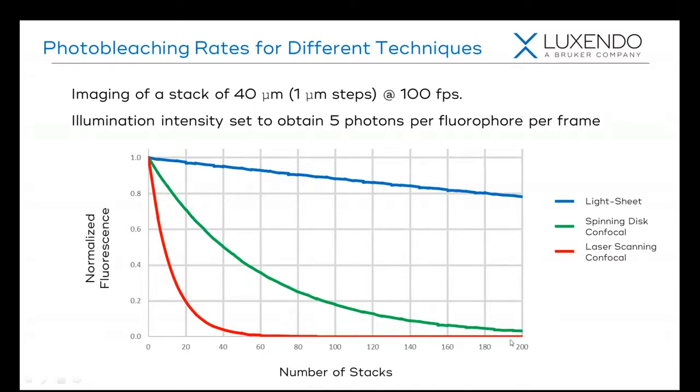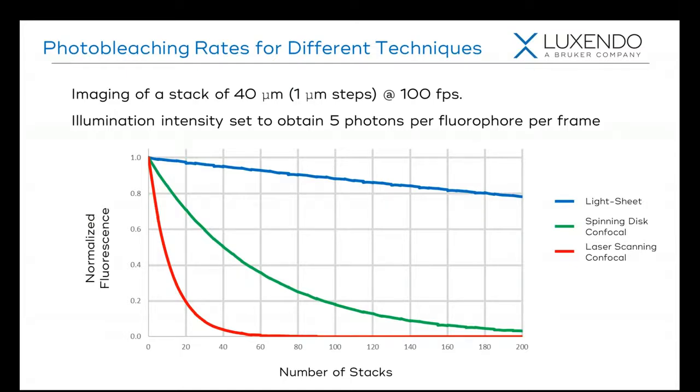Spinning disk will limp towards the end, but by the end of our 200 frame experiment, we've got essentially no fluorescence left. Compare that to light sheet, where we've lost about 20% of our fluorescence by the end of the experiment, meaning that we can still keep going for a lot longer.